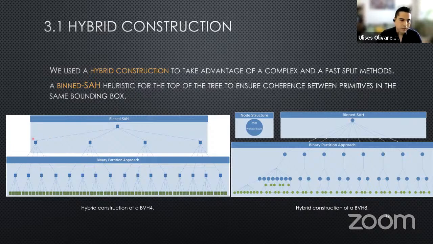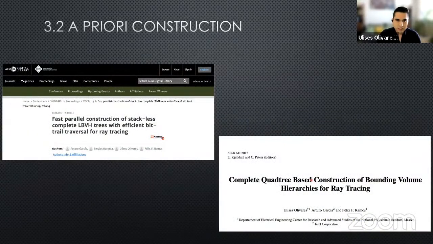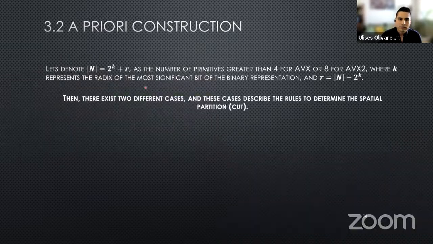So we can have different branching factors. We can have 4 nodes or 8 nodes, and it would depend on the architecture; our implementation automatically selects the most suited acceleration structure given the input geometry, but also the architecture in which we're running that implementation. If you want to see more details about this research, you can see those 2 papers, and then you can see all the details on how we build this construction.